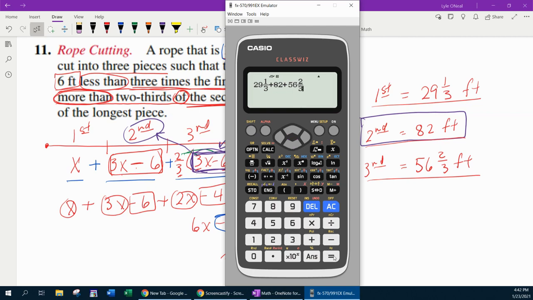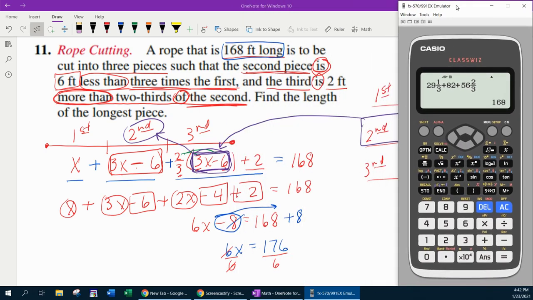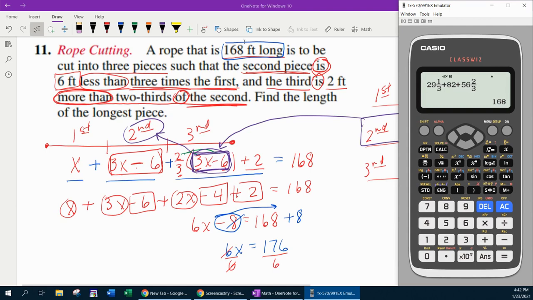If I add all three pieces, it should equal 168 because that was the length of the original piece of rope. So at least this verifies that my lengths are correct based on my algebraic interpretation of the problem.